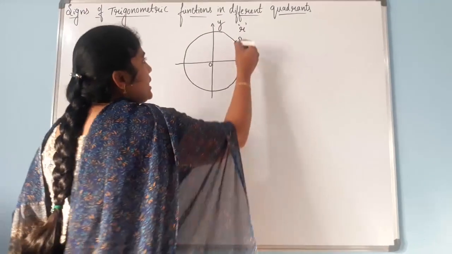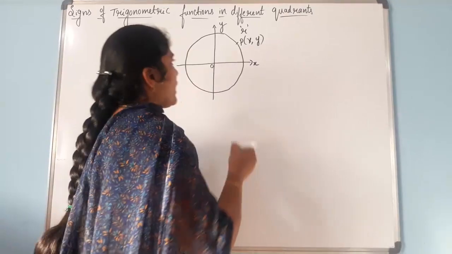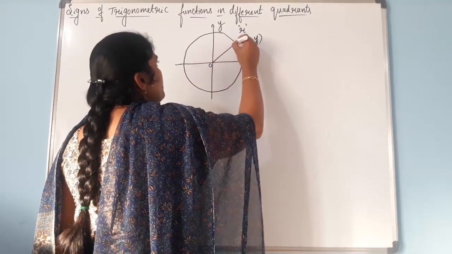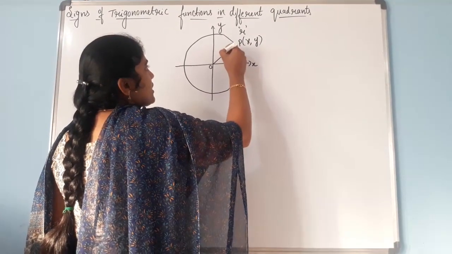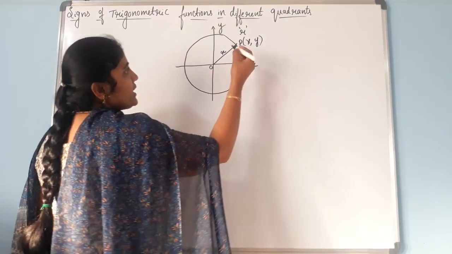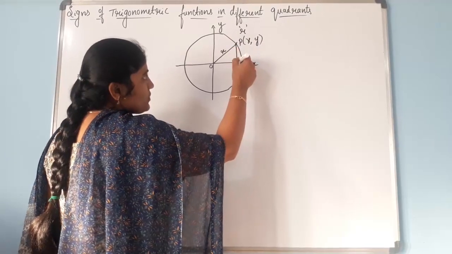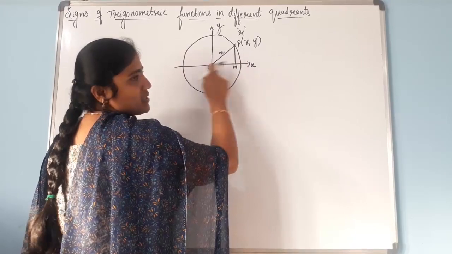Let P be any point on the circle which has the coordinates x comma y. Join OP. Here OP is the radius of the circle, so let us take that length as r.